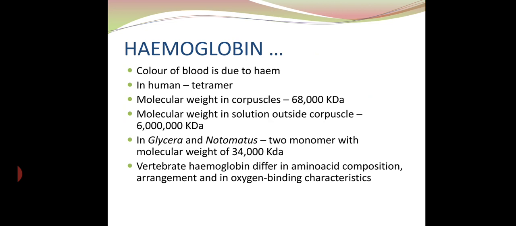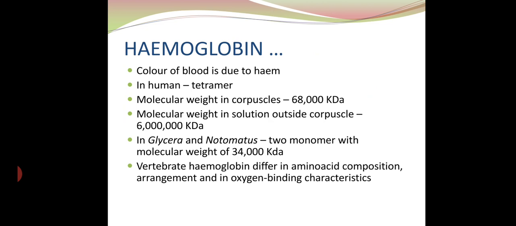In humans, it's a tetrameric structure. Molecular weight in corpuscles is 68,000 daltons. In Glycera and Notomastus species, there are two monomers with molecular weight 34,000 daltons.